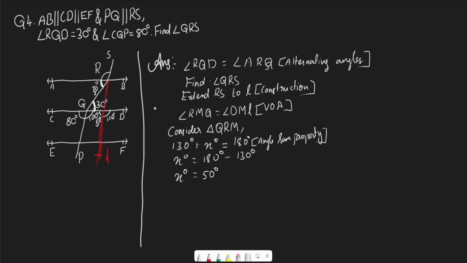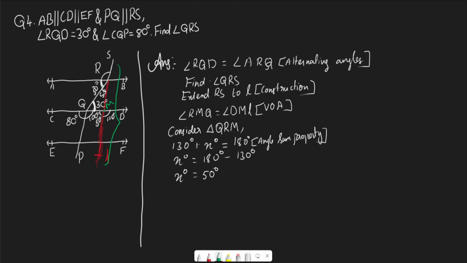Alright. So let's see. We found that this is 50 degrees, and what are we seeing here? This line SL, and this point is M, so this line segment SM is going to have 180 degrees.